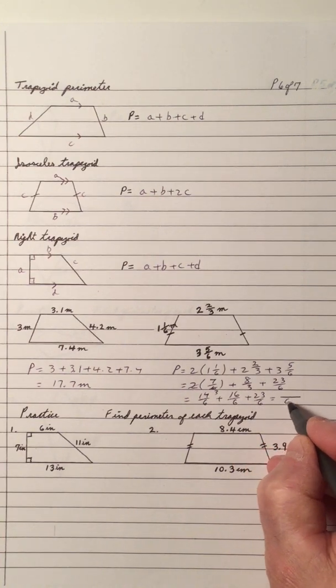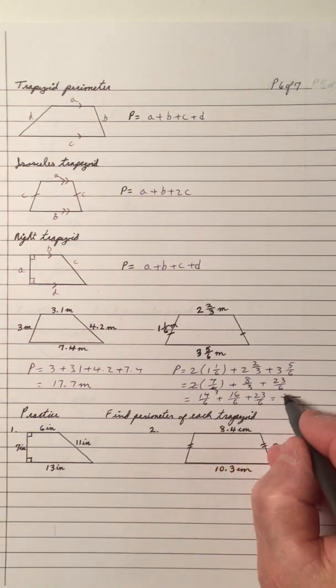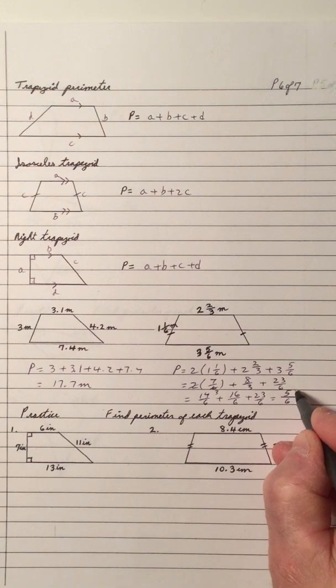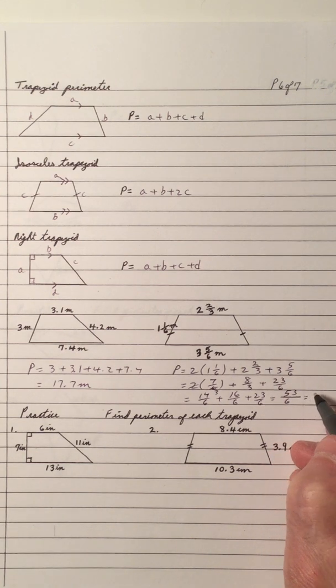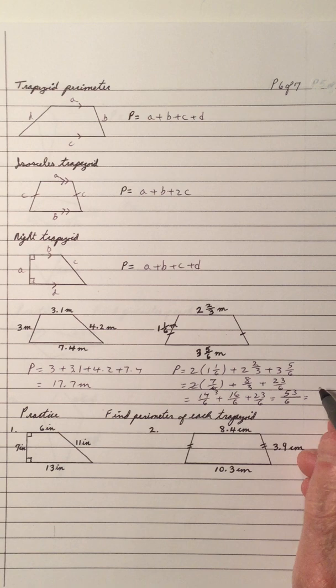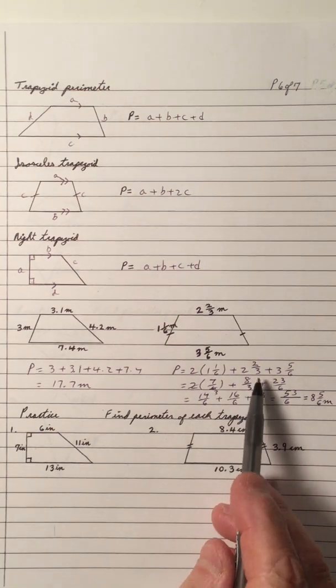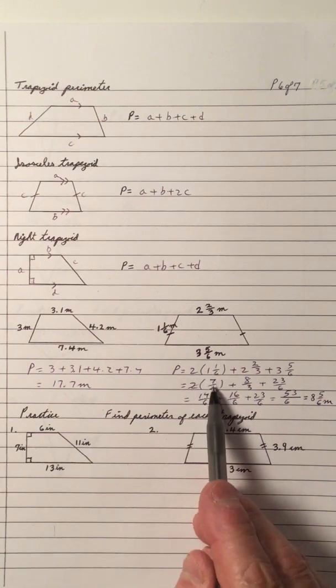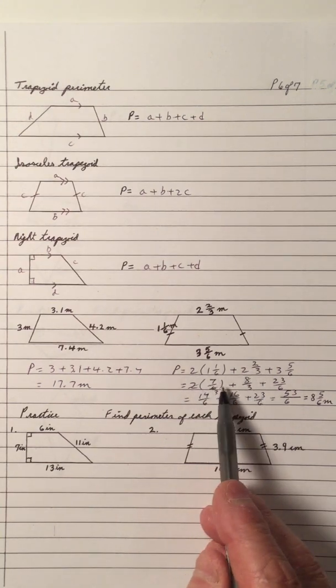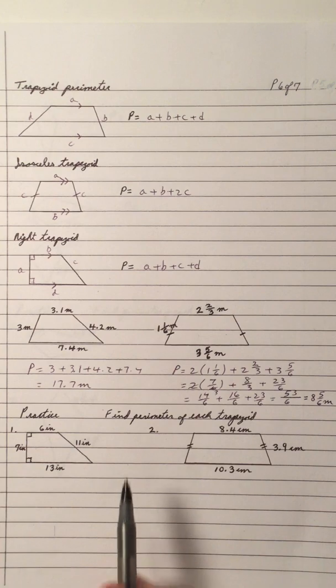I have a common denominator of 6, add them all up, I get 30, and I get a 53. And so when I work it out, 6 9s are 54, 6 8s are 48, so it's 8 5/6 meters. So what I did, I changed all the mixed numerals to improper fractions and worked with the common denominator.